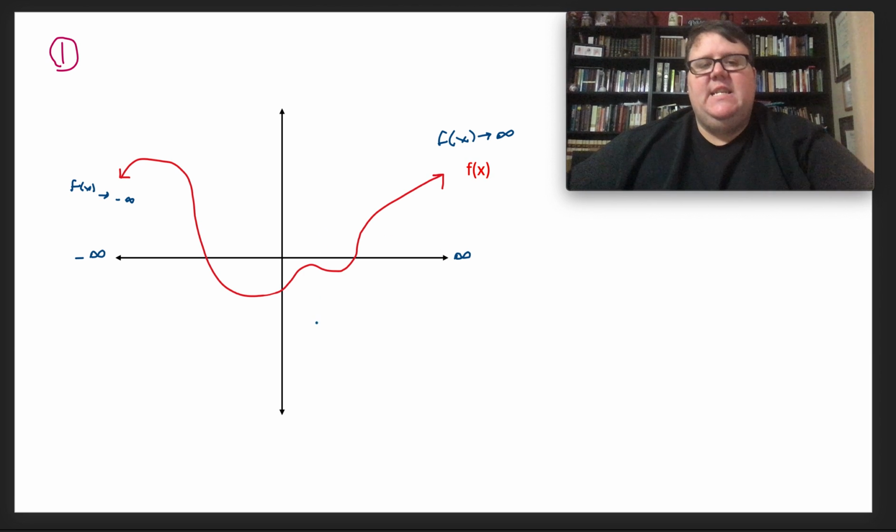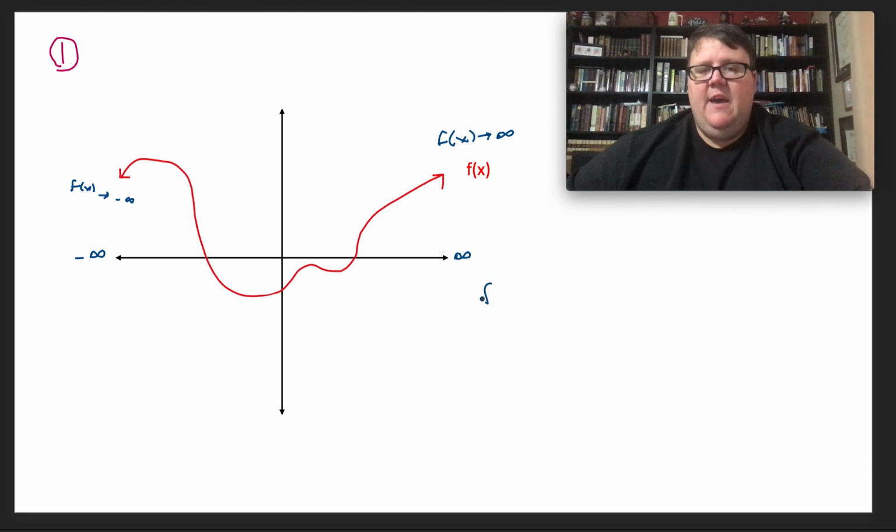So what we would say is this function f of x is continuous because I can trace this graph without picking up my pencil once. I can draw the graph the entire way without picking up my pencil.